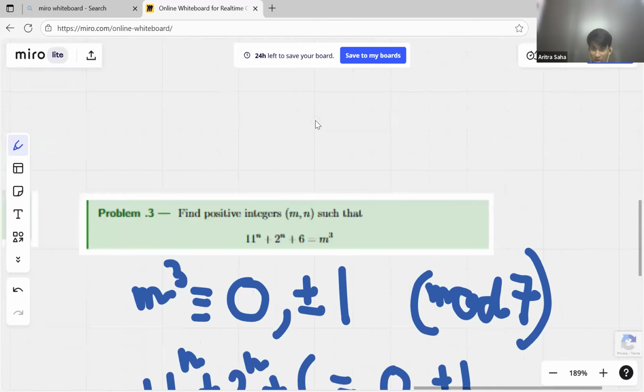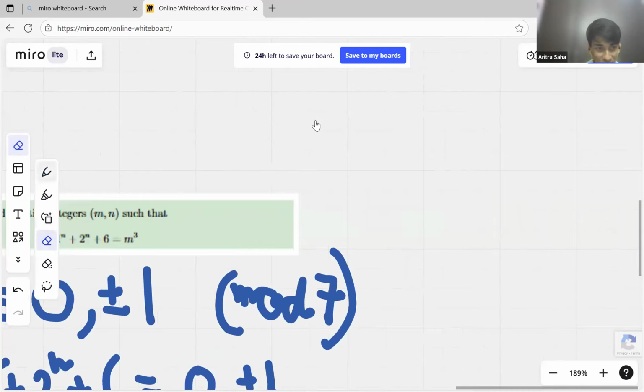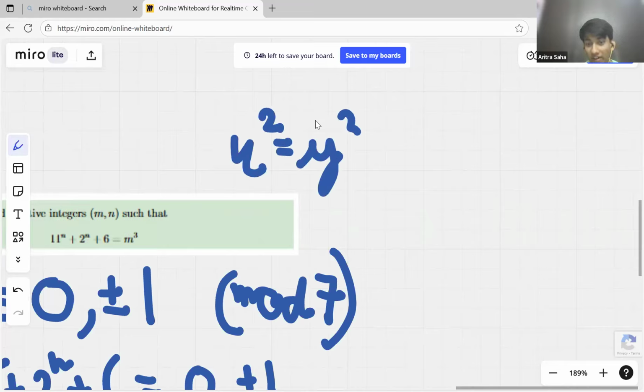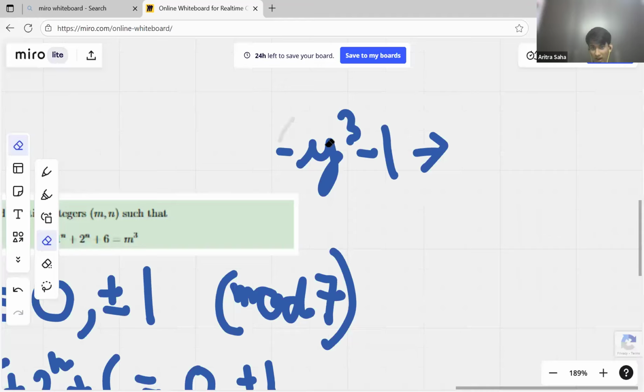If you have something like x squared equals y cubed minus 1, it will be very hard to show a size contradiction because the powers are different. Both of their growths are different. This is by Catalan's conjecture, which I mentioned some time ago. Also, I think you can do it by elliptic curves, one of the methods that I won't discuss today.